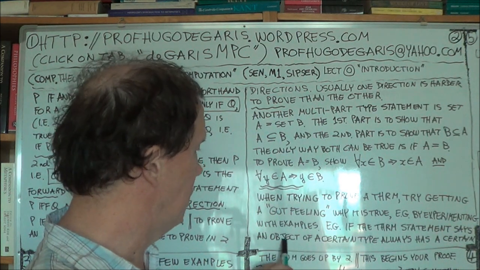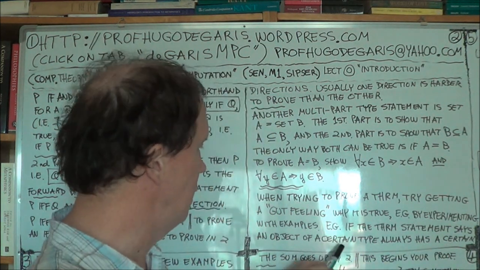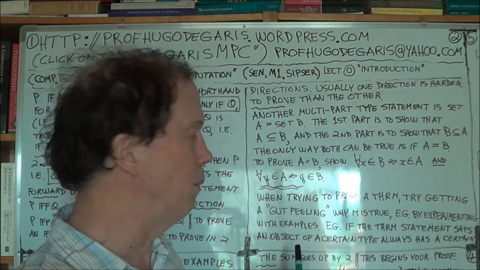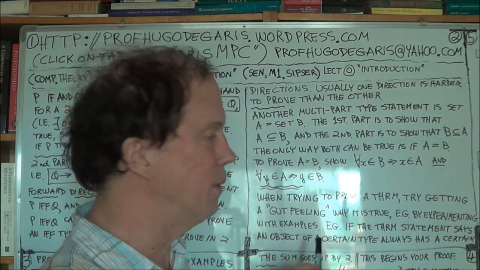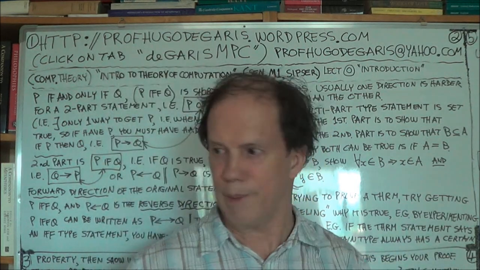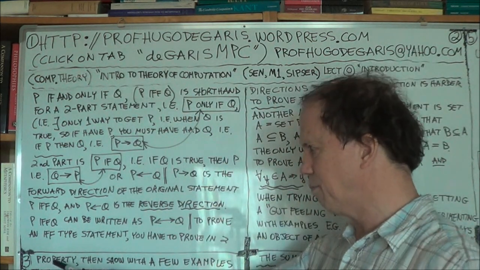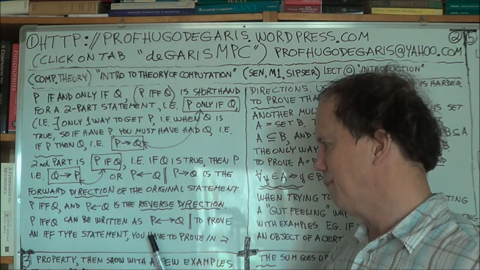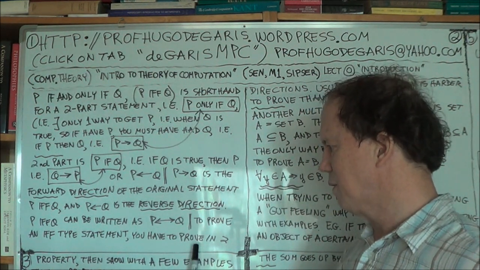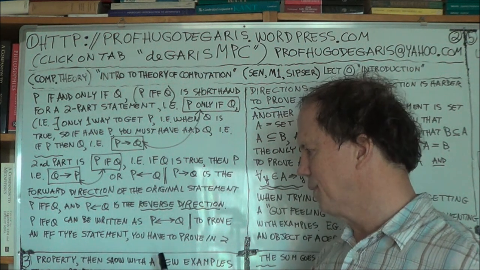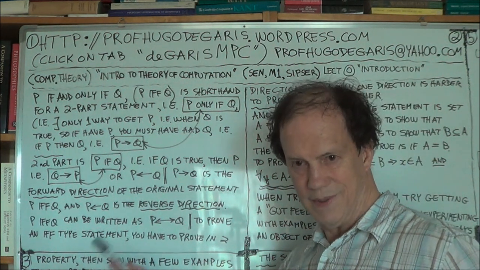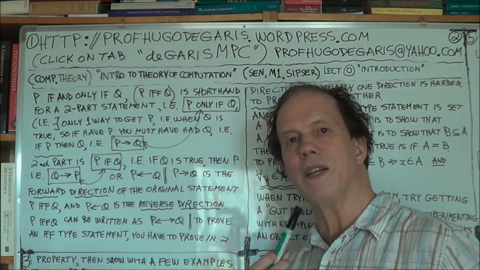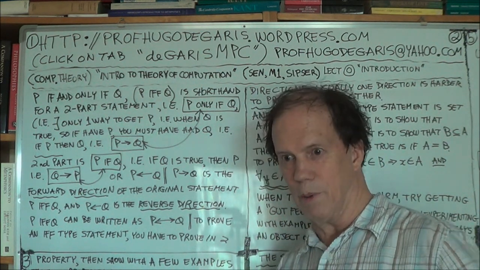So an object, like a prime number, or the set of prime numbers, will have a certain property. And then you can show with a few examples that the property is there, that it's true. Maybe you might go hunting for a counterexample.